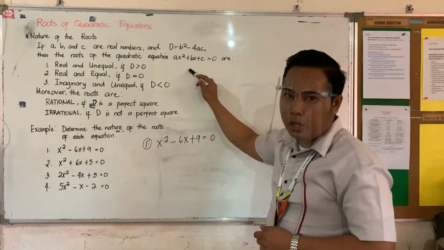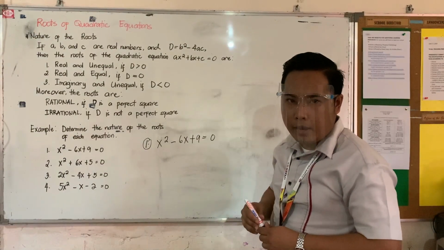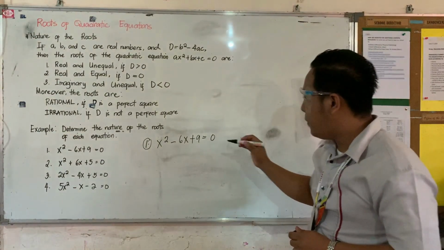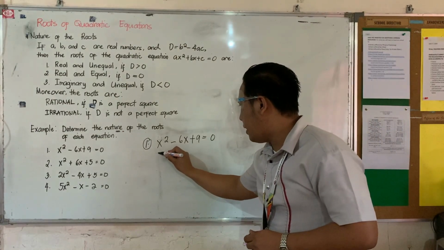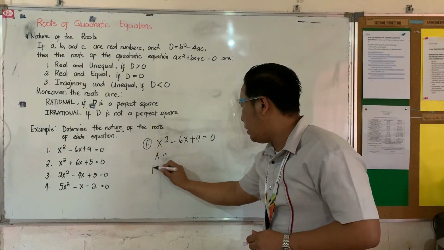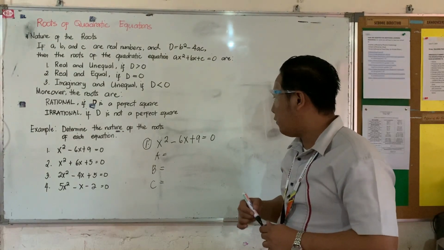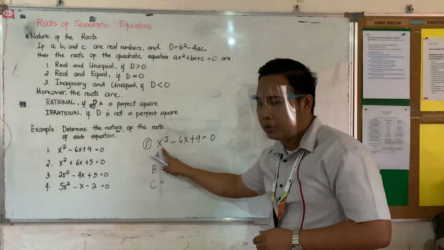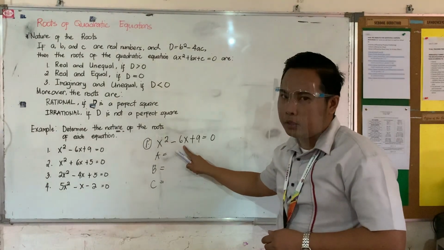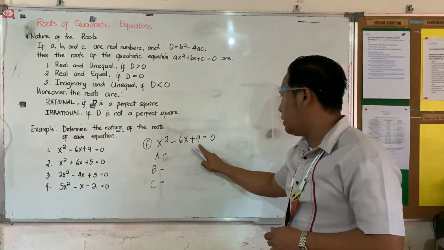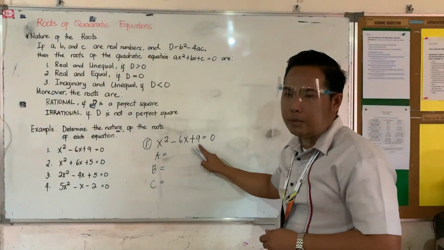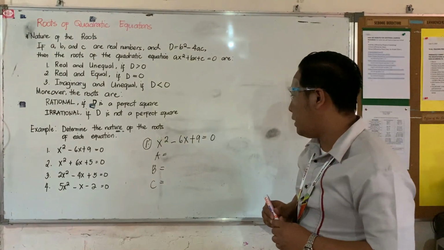Okay? So, if the quadratic equation is arranged in standard form, first we need to identify the values of A, B, and C. So, what would be the value of the first term? This is our first term, x squared. The second term is negative 6x. And the third term is 9, or C. Okay, so our A is 1.